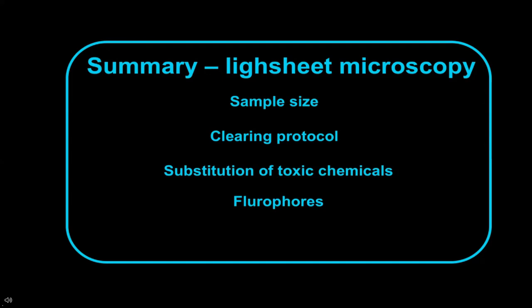Consider your fluorophores if you can. Use far red fluorophores. This is recommended as they penetrate the tissues better. Remember that the most autofluorescence you will get is in the green channel, so in the GFP spectrum.